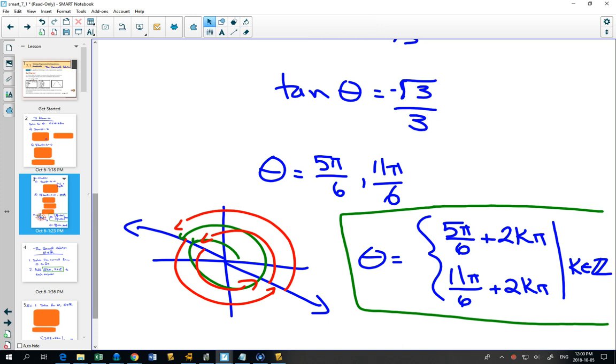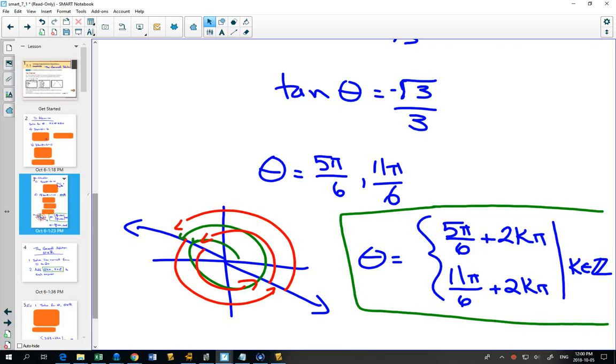And all I'm doing in the new part is writing all the coterminal angles with 5 pi over 6. So this was on your take-home quiz that you just got back. 5 pi over 6 plus 2k pi would be every single thing that's coterminal with 5 pi over 6.